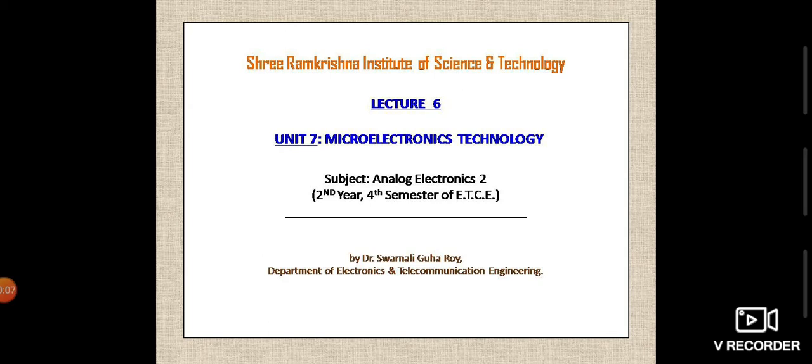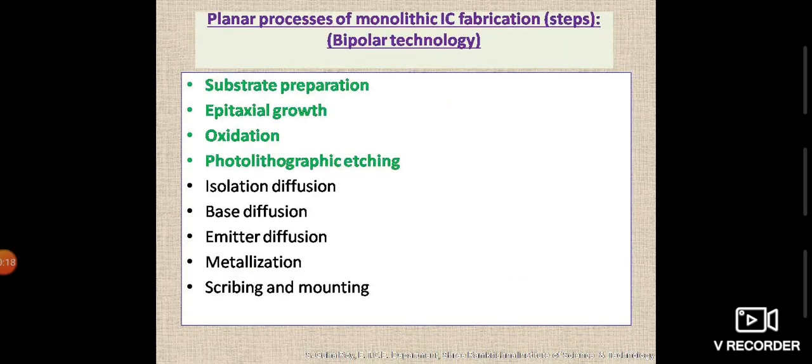Up to my last lecture, I have told you about 4 different steps of the IC fabrication process. Here are the steps of the IC fabrication process which we have to carry out to fabricate the circuit we have considered, or in general also in monolithic IC form by bipolar technology by planar processes.